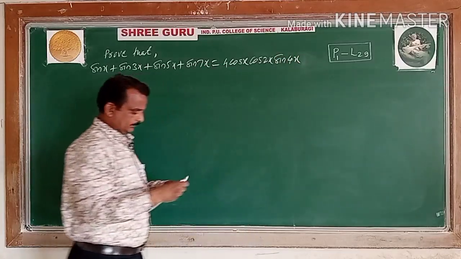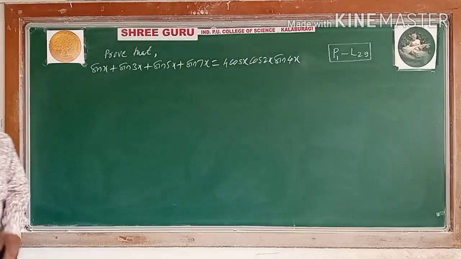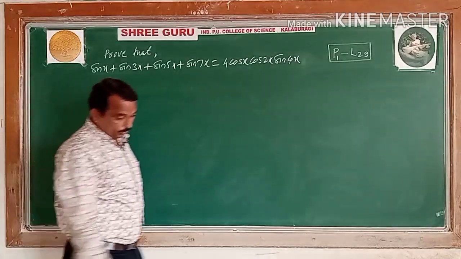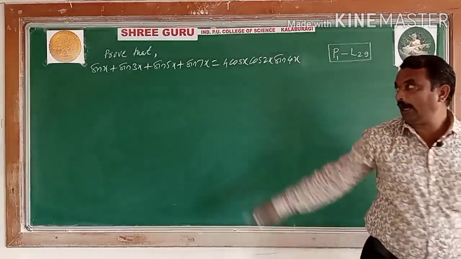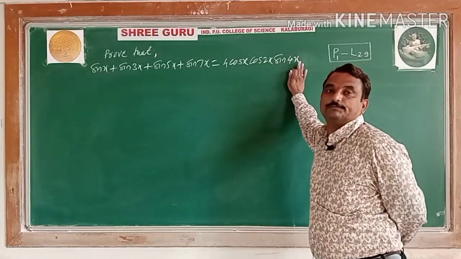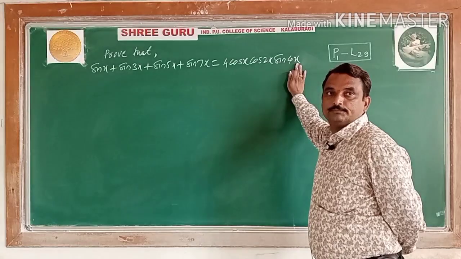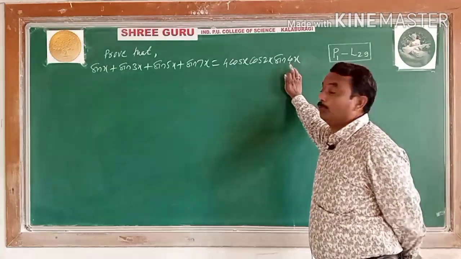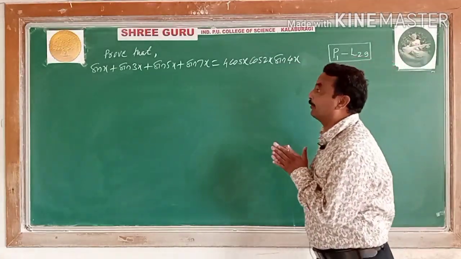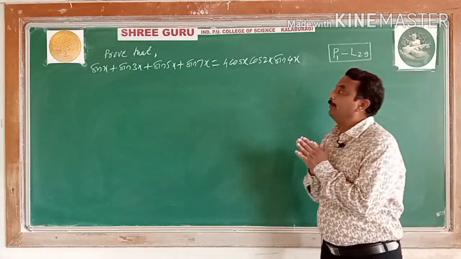See, students, there are 4 sums in the LHS and 3 products in the RHS. You have to prove it in terms of products of these sums. Let us make sum of 2, sum of 2. Which terms you should pair is important here.